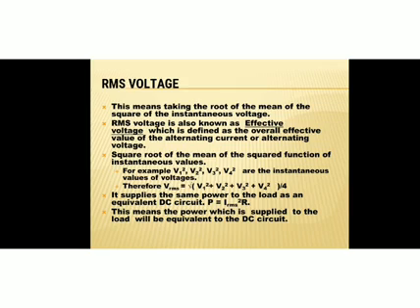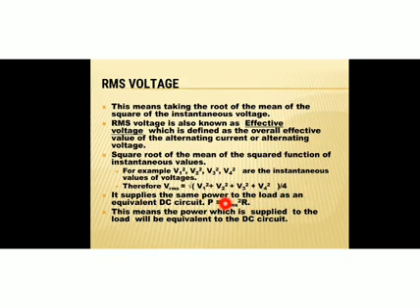So what is RMS voltage? RMS voltage is the root of the mean of the square of instantaneous voltage. This RMS voltage is also known as effective voltage, which is defined as the overall effective value of alternating current or alternating voltage. This RMS voltage supplies the same power to the load as an equivalent DC circuit.